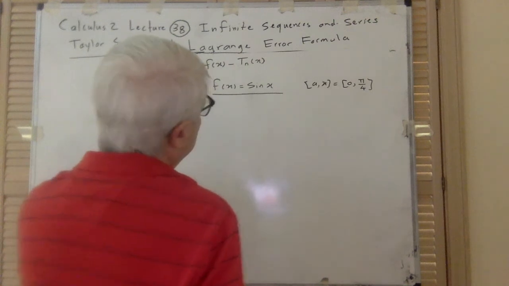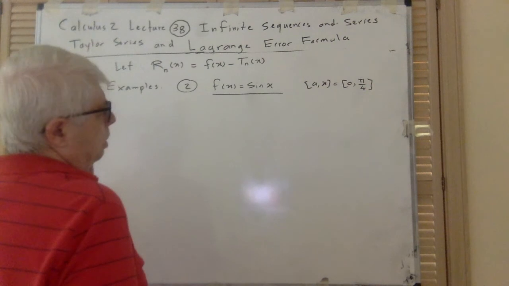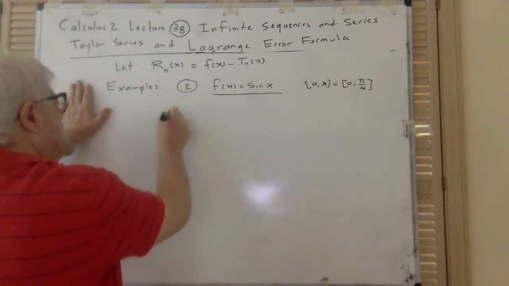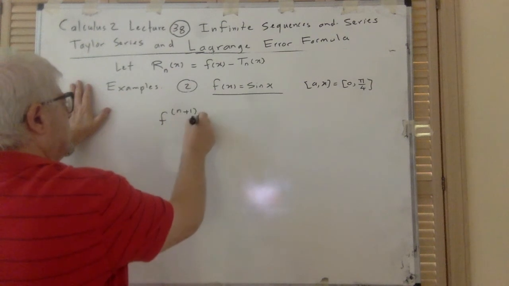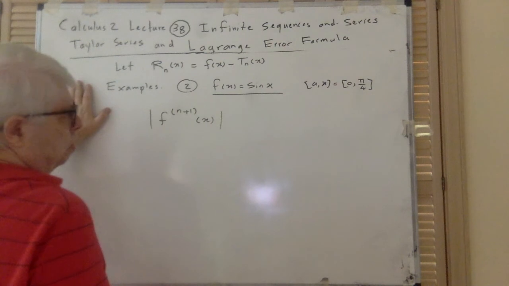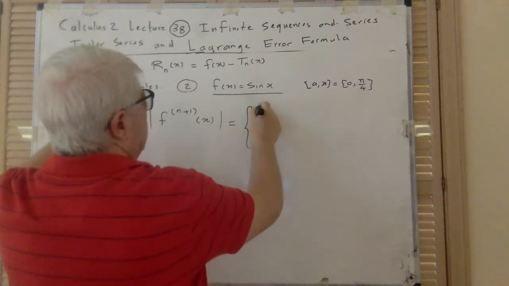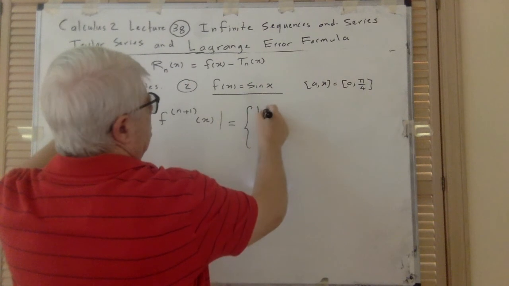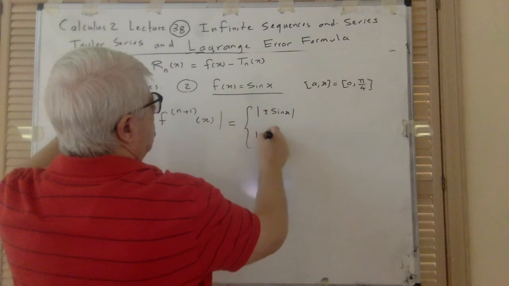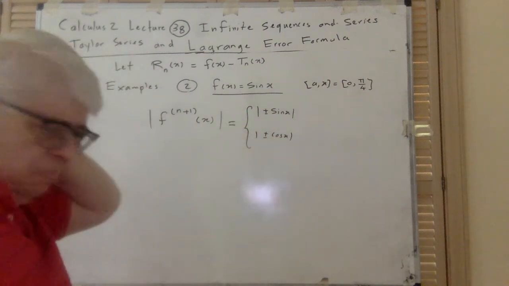Okay, what do I need? I need a bound for the absolute value of f to the n plus 1 of x. What is it? It's either plus or minus sine x or plus or minus cosine x. Right?